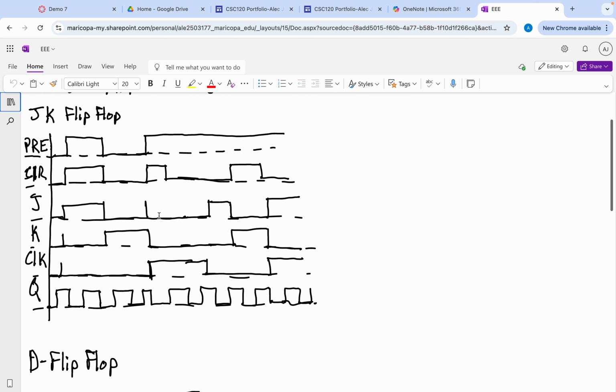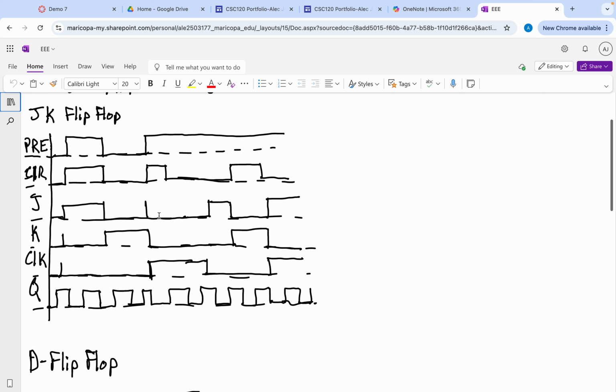For J, the input, because it's a JK flip-flop, our first J input, it's part of a synchronous JK control evaluated only on the rising edge of the clock. So when J equals 1 and K equals 0, on rising clock edge, Q is set.